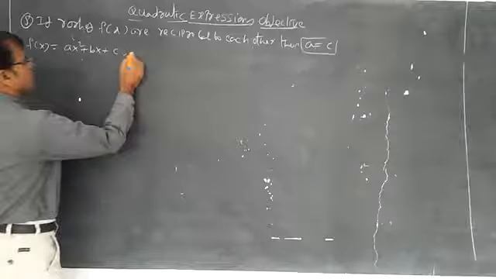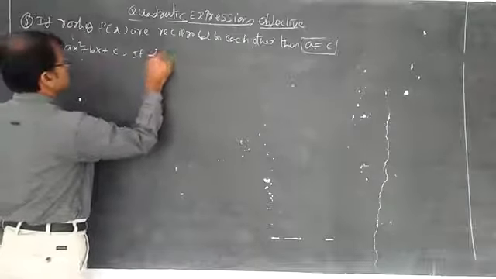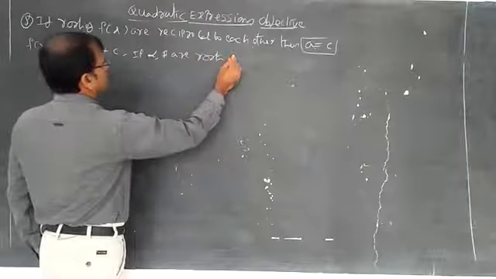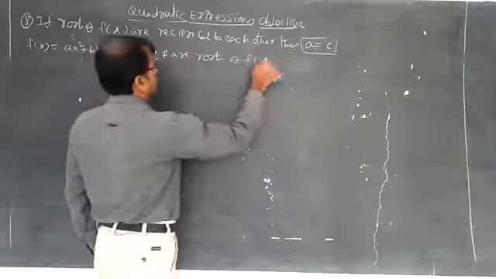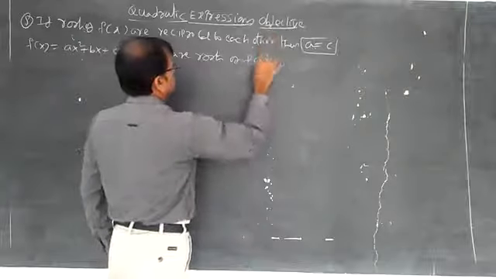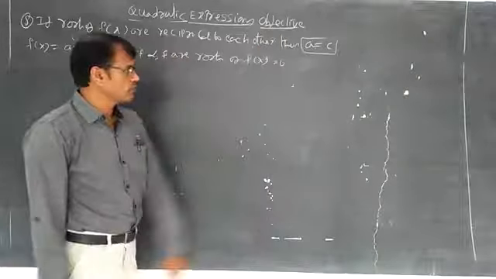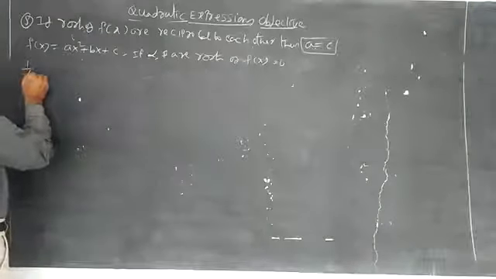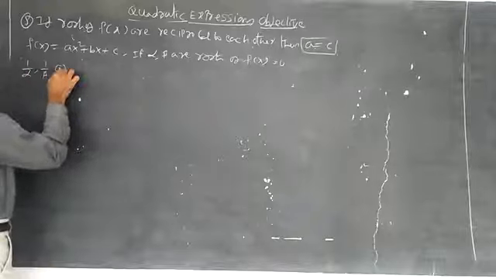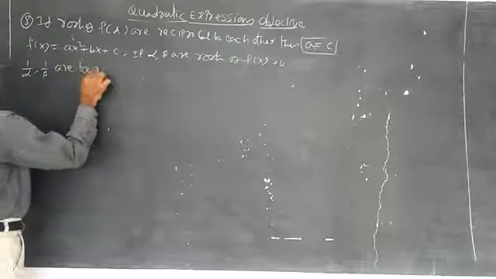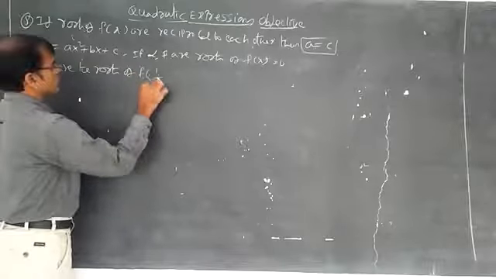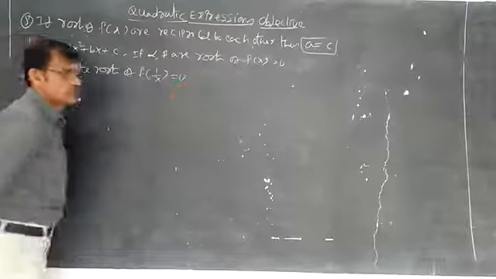If alpha and beta are roots of this quadratic equation f of x equal to 0, reciprocal means 1 by alpha and 1 by beta. So 1 by alpha and 1 by beta are the roots of f of 1 by x equal to 0.